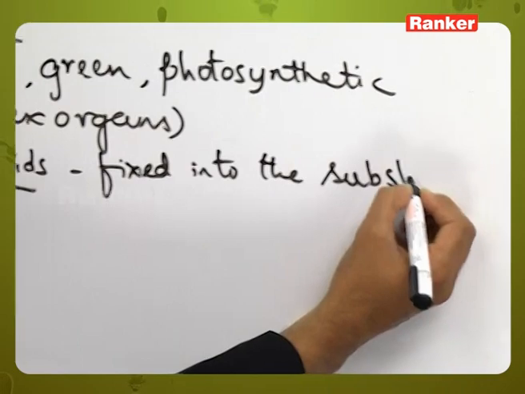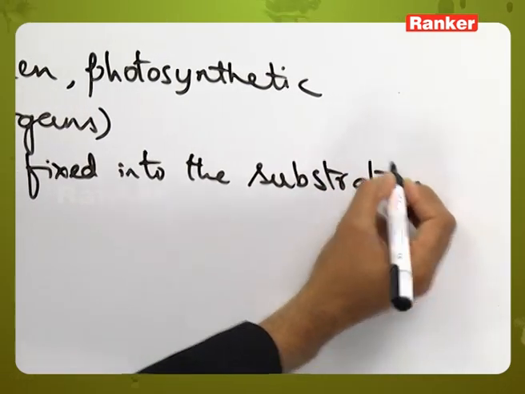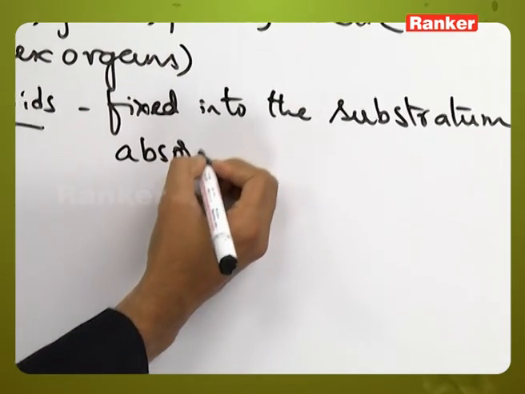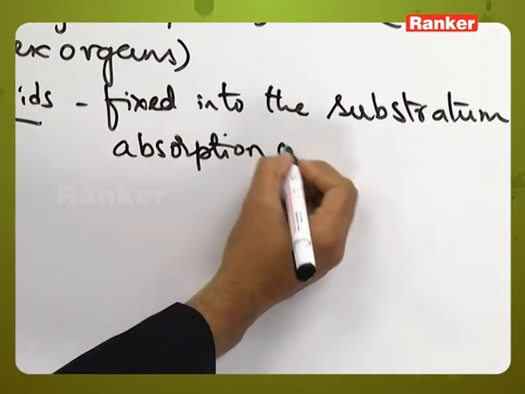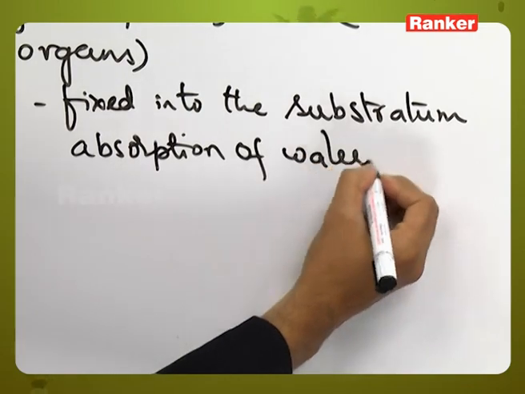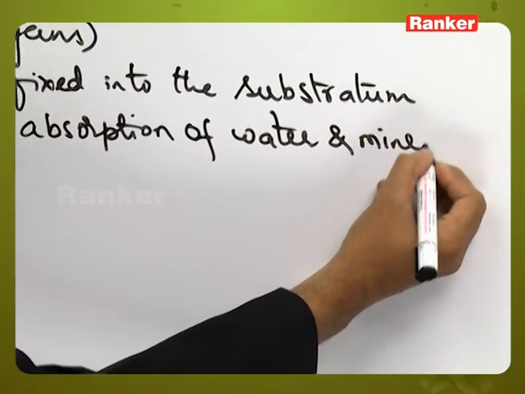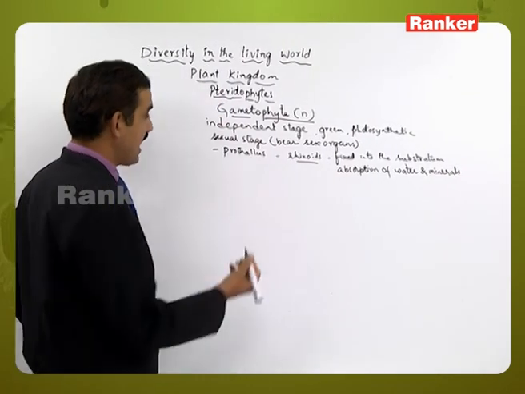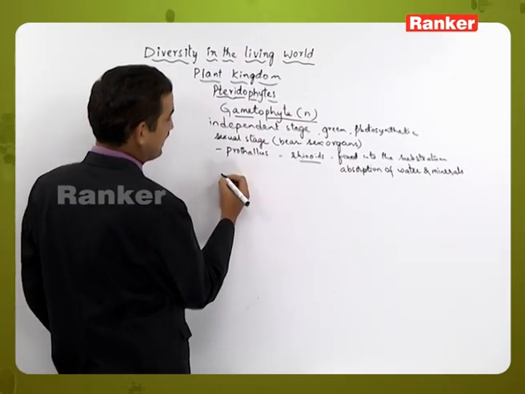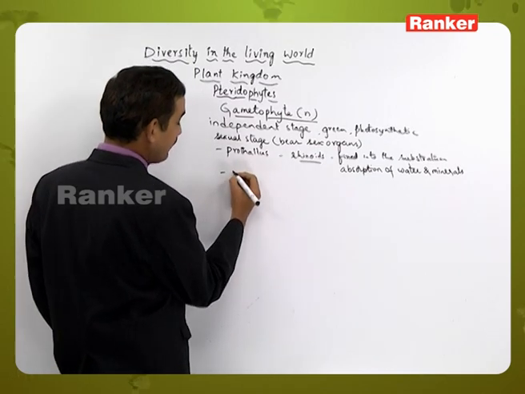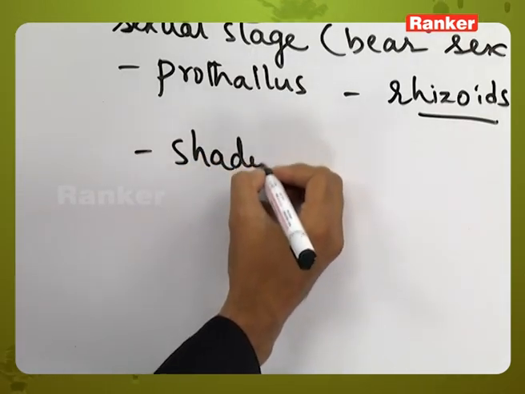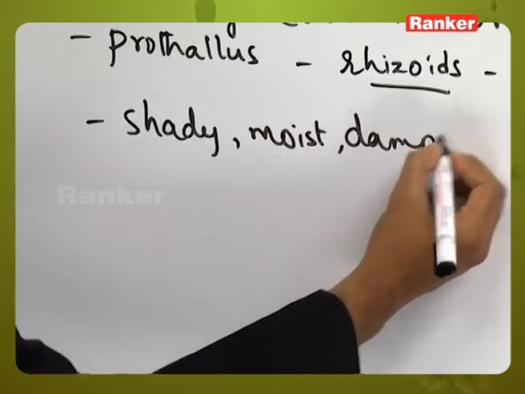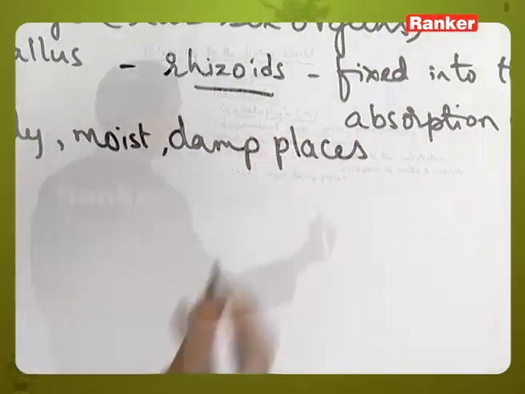substratum or the soil. Not only fixed into the substratum, the rhizoids also help in the absorption of water and minerals from the soil which are required for photosynthesis. And apart from this, the gametophyte also grows in shady, moist, damp places like the sporophyte plant.